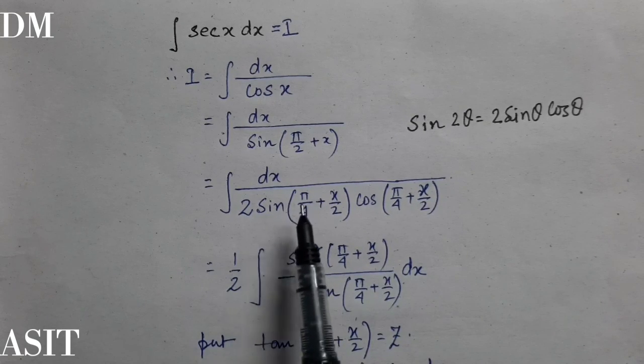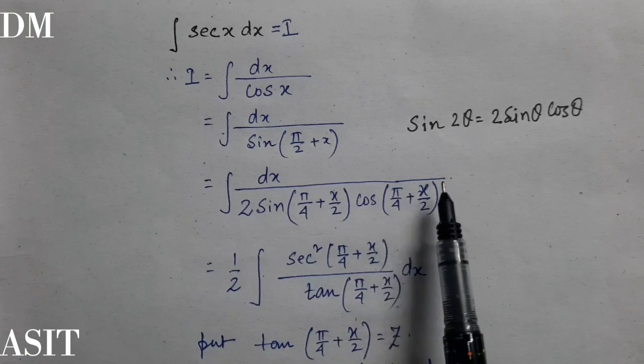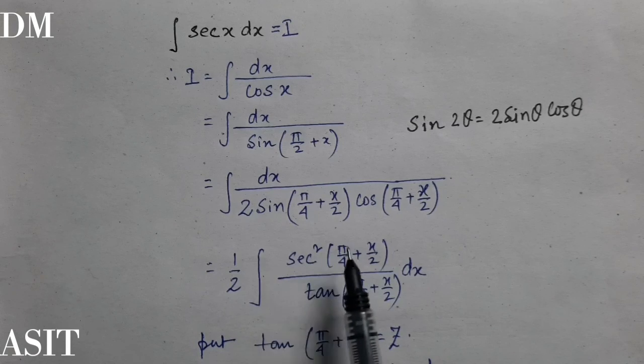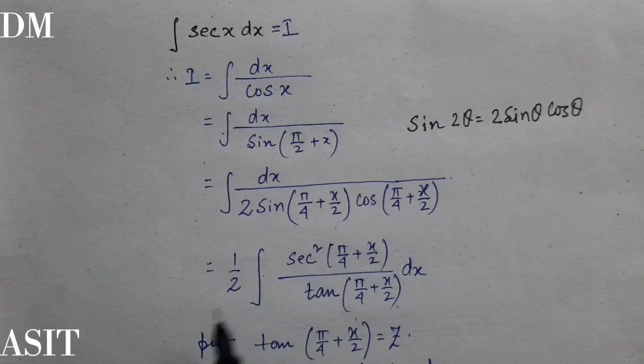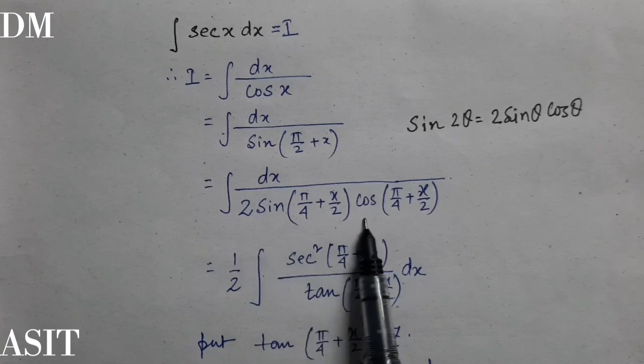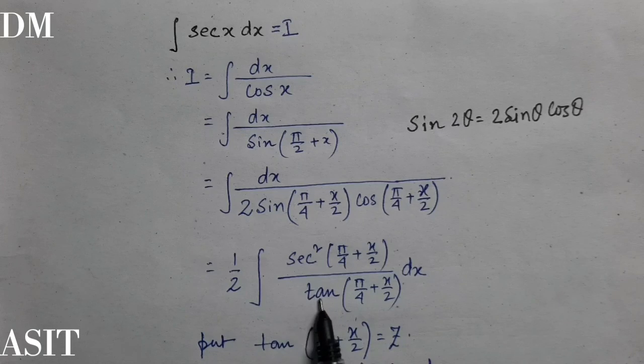But when I multiply this in the denominator, one cos pi by 4 plus x by 2 will be cancelled out with one sec pi by 4 plus x by 2. And the other sec pi by 4 plus x by 2 will come in the denominator of this sine and will make this one tan. So it will become tan pi by 4 plus x by 2.